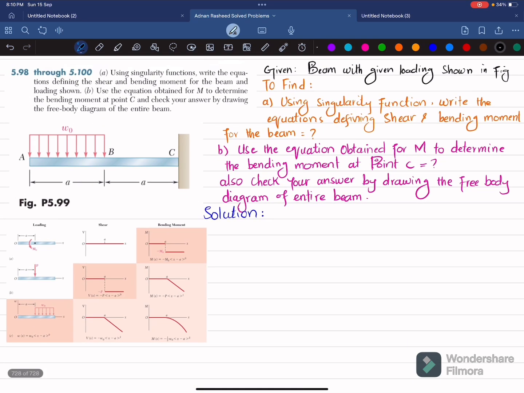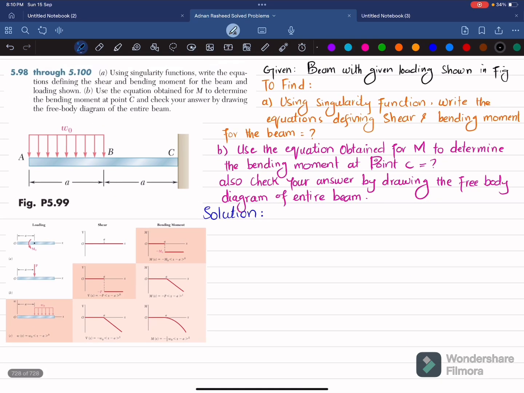As you know, we have this table shown over here for bending moment and shear force diagram by using singularity function, and in this table we can locate the diagram for distributed load. From here you can see the distributed load starts from here till the end. Clear? But here it is starting from point A and going till point B, so we have to make it go till the end.